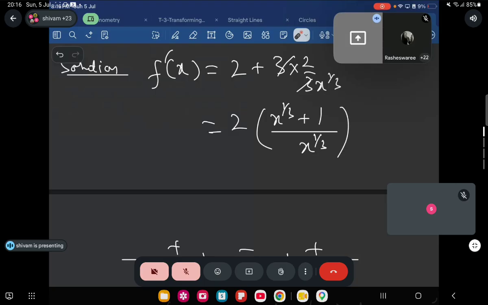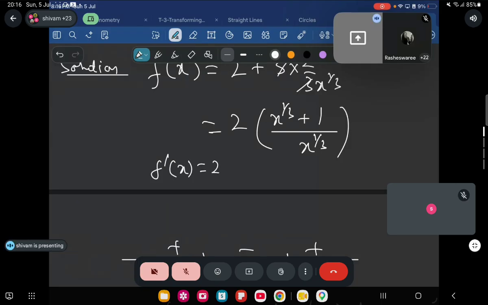Let us differentiate it once more. F double dash. Wait. So what is f dash x? F dash x is equal to 2 into 1 plus 1 by x to the power 1 by 3. It's not that difficult. We can differentiate it. F double dash x will give us how much?